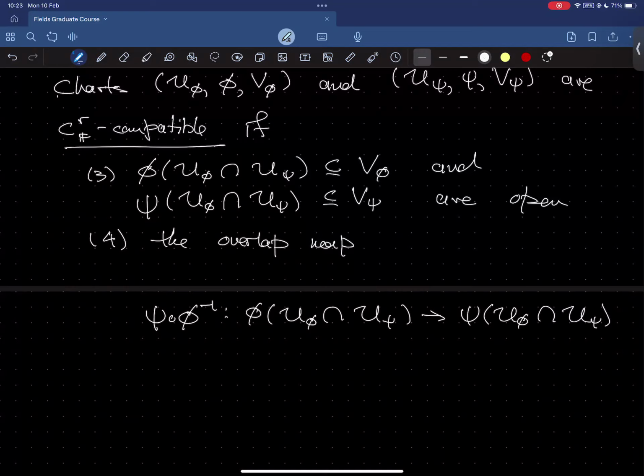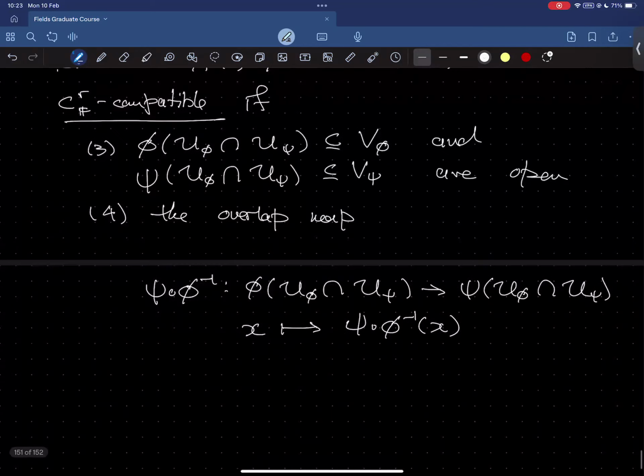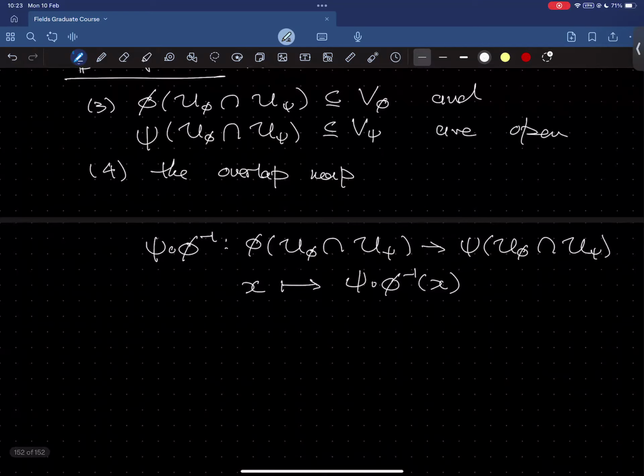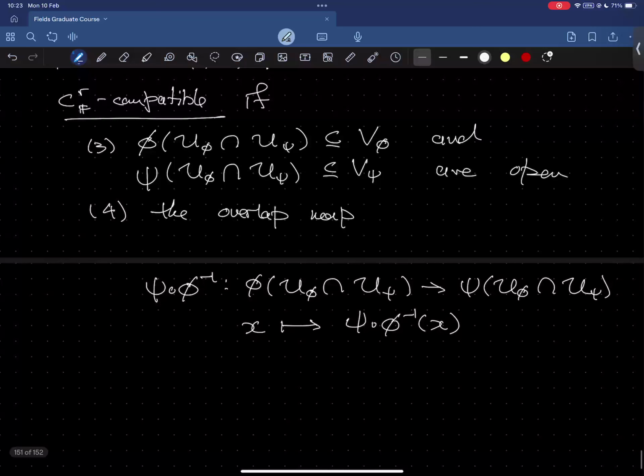It takes a point, let's say x, and maps it to ψ(φ⁻¹(x)). The requirement for compatibility is that this mapping is a C^R diffeomorphism.